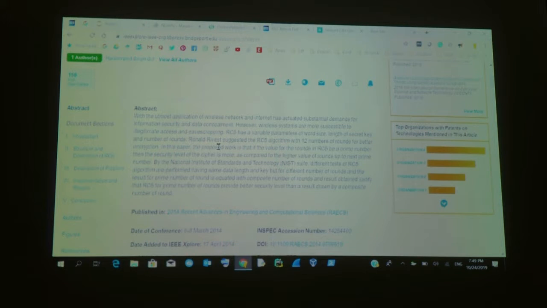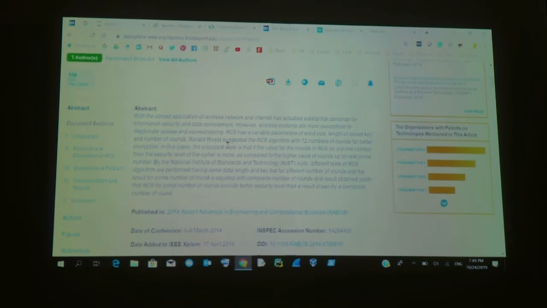Different tests of the RC5 algorithm are performed with the same data length and key but for different numbers of rounds, and the result for prime number of rounds is compared with composite number of rounds, and results obtained justify RC5 for prime number. So we're talking about the importance of prime versus non-prime numbers of rounds in RC5, and that's what you're going to experiment with here.